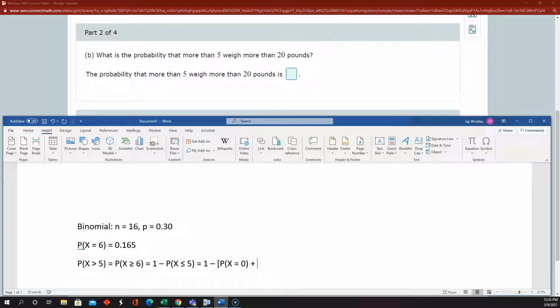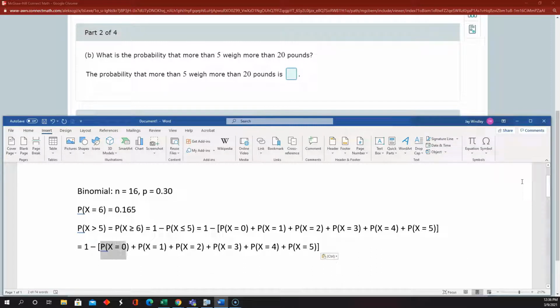You can say that the probability of less than or equal to 5 successes is the probability of 0 successes, probability of 1 success, probability of 2 successes, probability of 3 successes, probability of 4 successes, probability of 5 successes. Add all those together and subtract from 1. That's kind of the, I guess I would say, old school way of doing it.